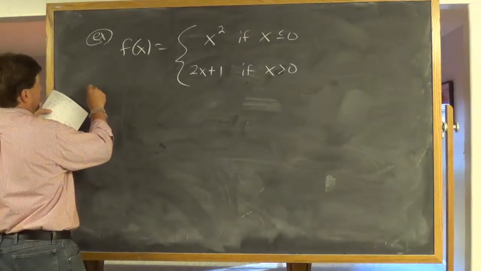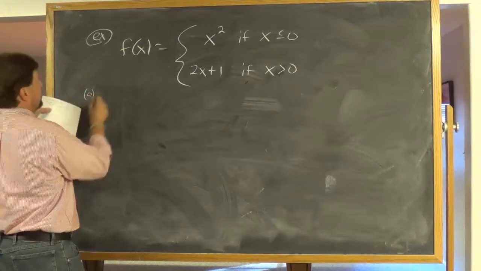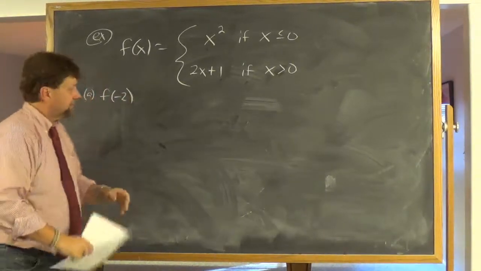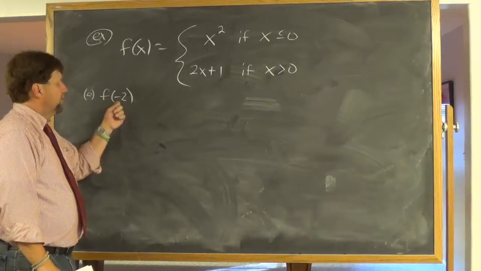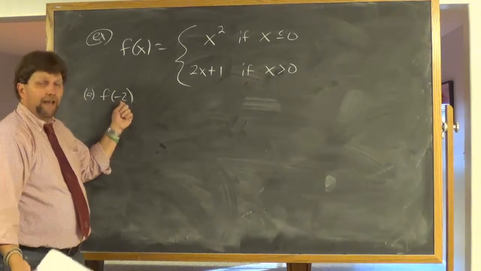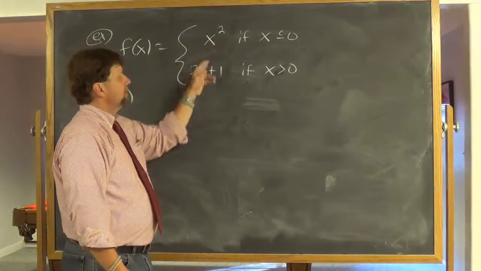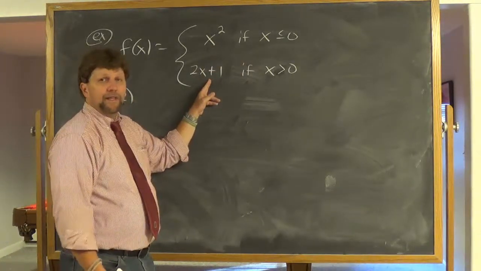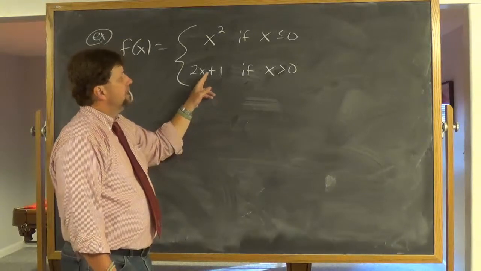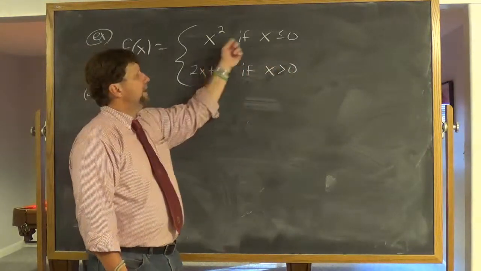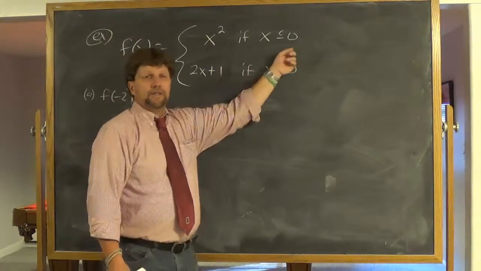So you should be able to do some of these old things. For example, you should be able to evaluate f of negative 2. Negative 2 is a negative number, so which of these rules are you going to use? It would be this rule: x squared if x is less than or equal to 0.